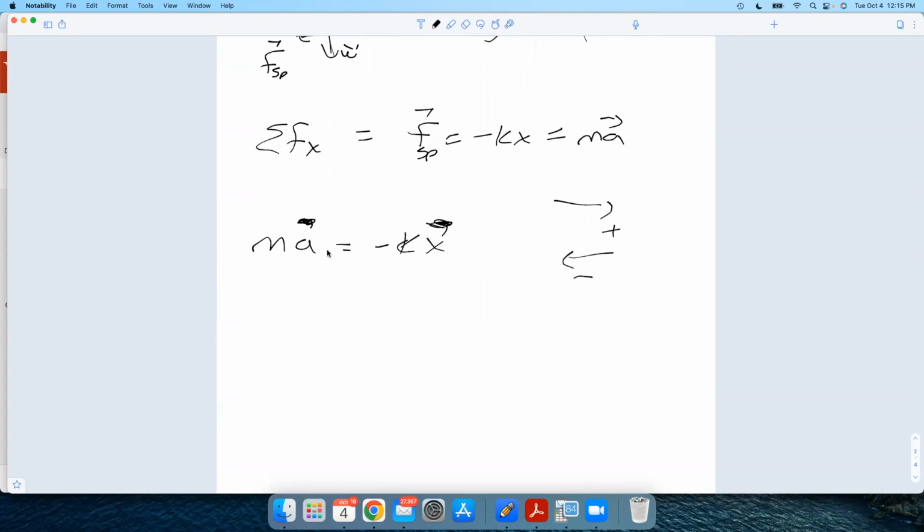But wait a minute, we've taken physics, we know acceleration is the second derivative of position with respect to time, which a lot of times we'll call x double dot. So I get this differential equation where dot means derivative with respect to time.